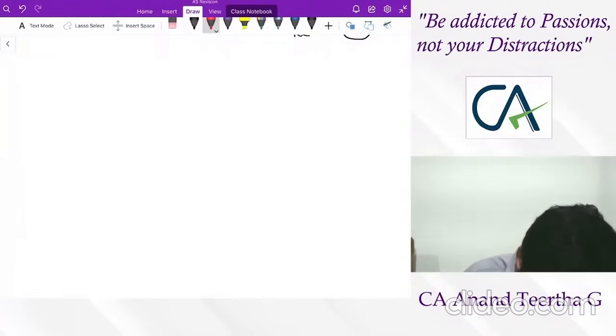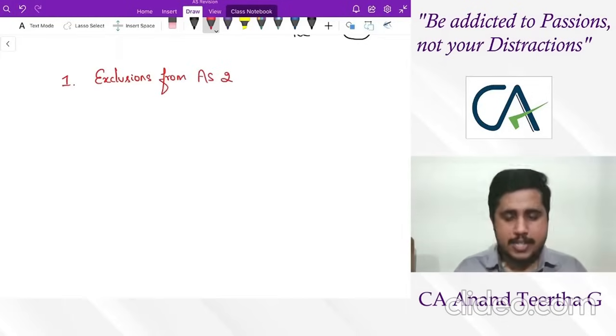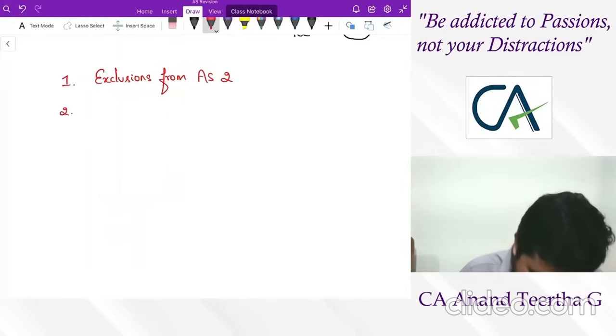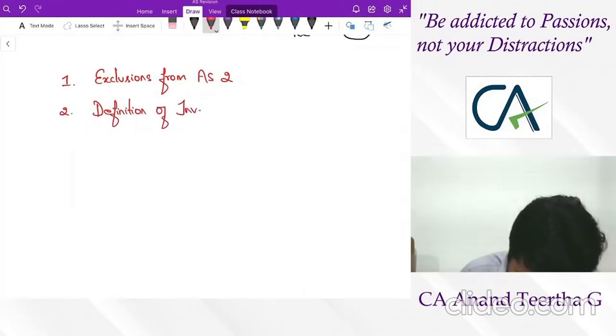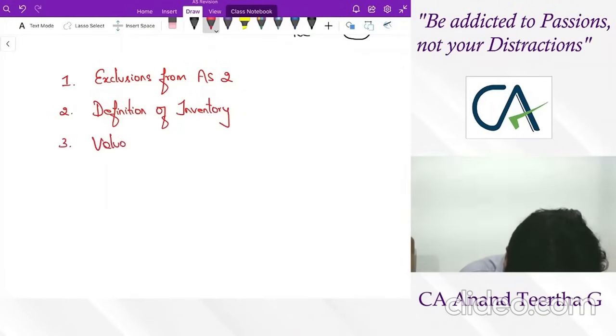First highlight point to be considered is, what are the exclusions from AS2? Second one, what is the definition of inventory? Third point, what is the valuation principle when it comes to finished goods and work in progress?